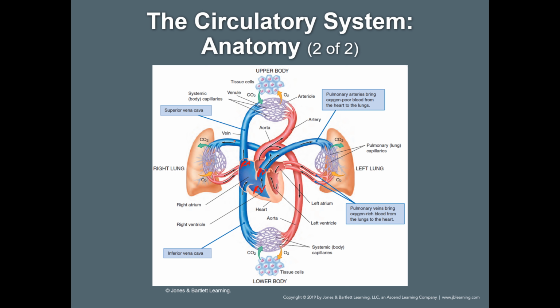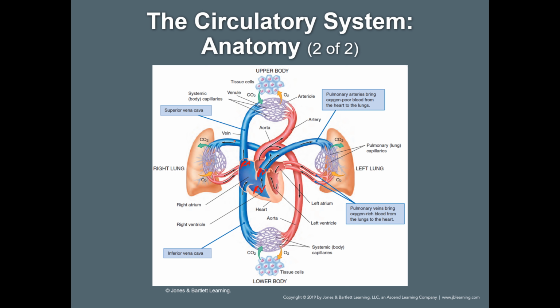Remember, this is deoxygenated blood, so it's going to be full of CO2. We need O2, not a problem. We're going to use the process of diffusion, going from a higher concentration to a lower concentration.